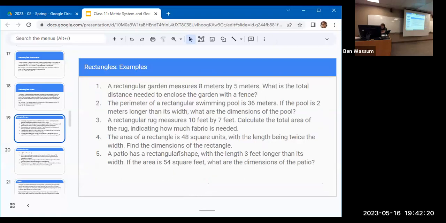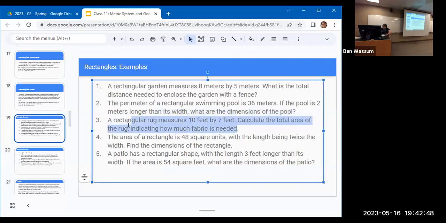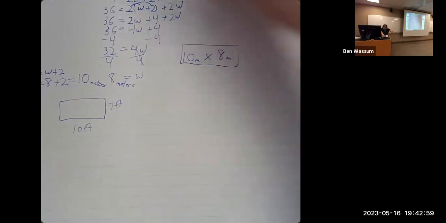Okay, well, I brought number 3 back from the dead. Kind of needed it. All right, so it says a rectangular rug measures 10 feet by 7 feet. Calculate the total area of the rug, indicating how much fabric is needed. Kind of a weird statement. I don't like that phrasing.